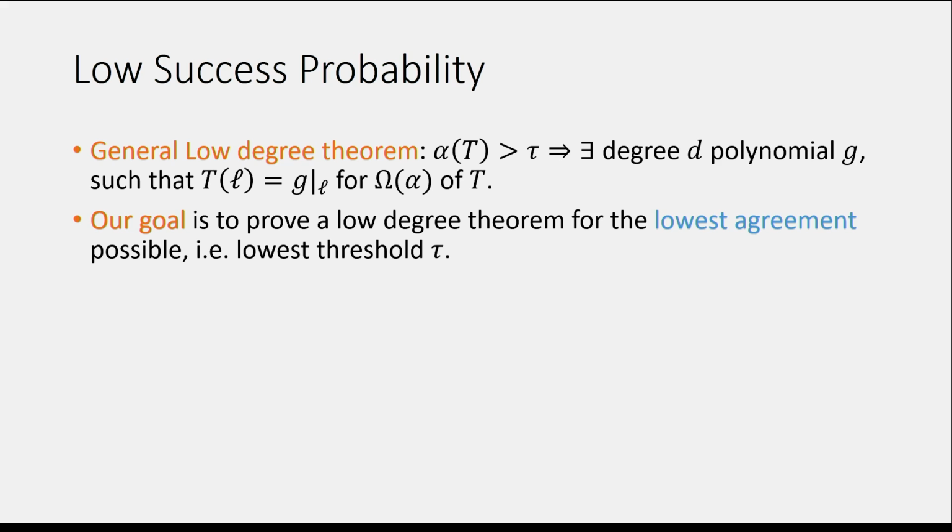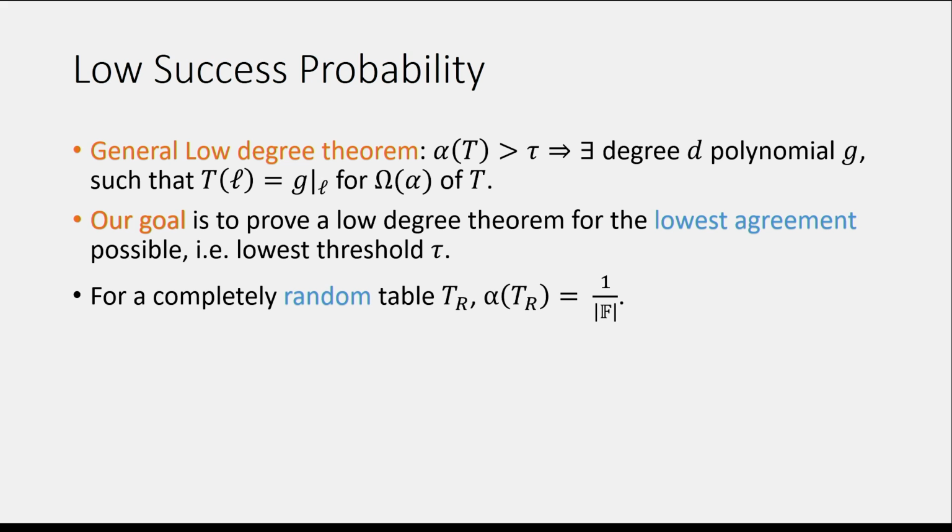So when we started to look at this problem, what we wanted to do is to get a low degree theorem for the lowest agreement possible, which means the lowest threshold tau. And you might ask, why do we even need a threshold? Why can't this theorem work unconditionally? So if we look at a completely random table, for every line we just choose a random degree D polynomial, and we fill it.